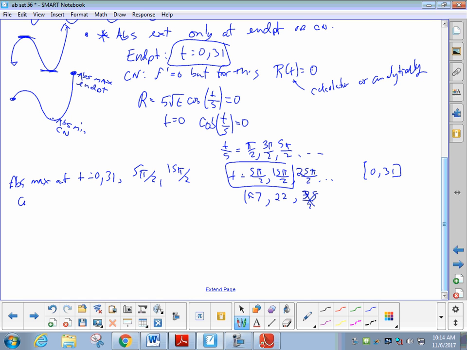Let's compare to see who wins. How many mosquitoes were there at the start? 1,000. We already found in part C how many there were at 31. We found there were 964.